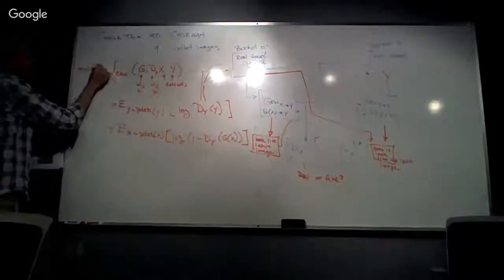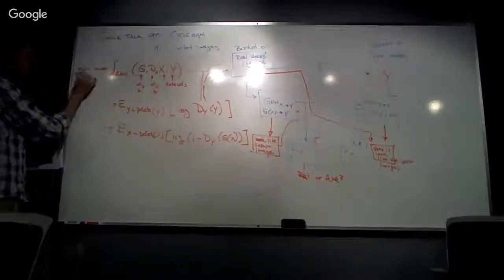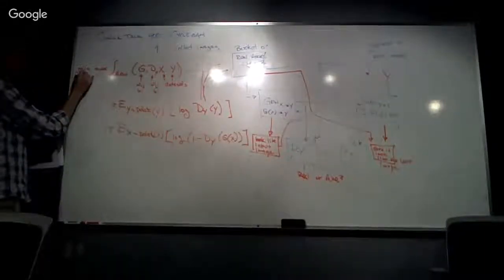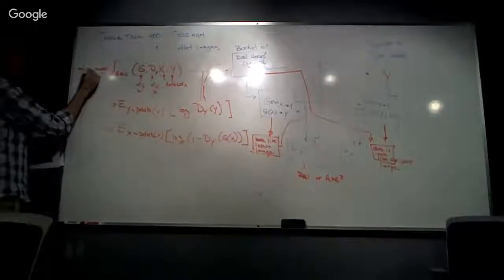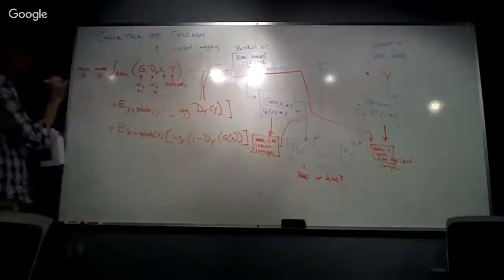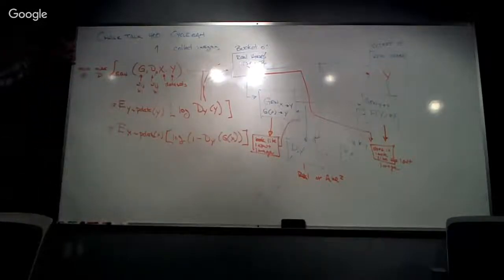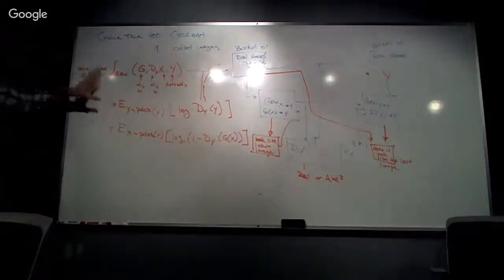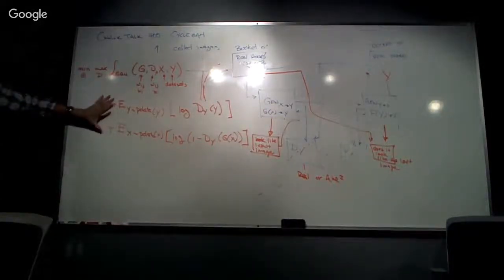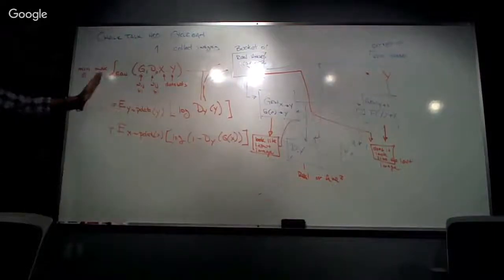is a min-max function. We want to minimize G, right, and maximize D. I think so. Might have gotten this wrong. But you're basically forcing one, this is the adversarial network, where one of these guys wants to make this as small as possible, and one of these guys wants to make this as big as possible.